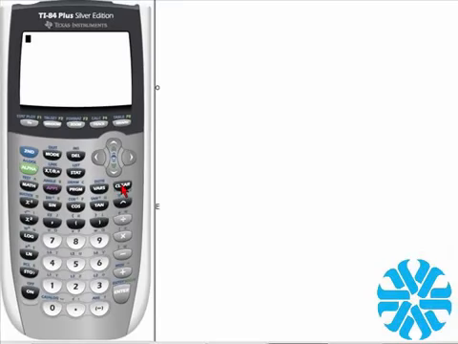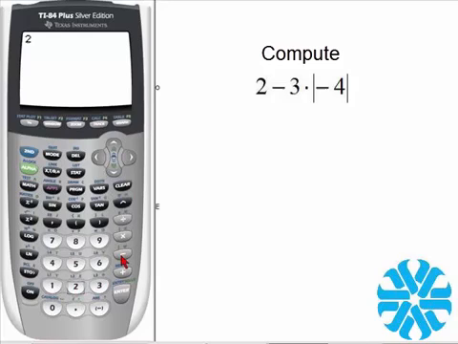In our next example, we will compute 2 minus 3 times the absolute value of -4. So that is 2 minus 3 multiplied by the absolute value.